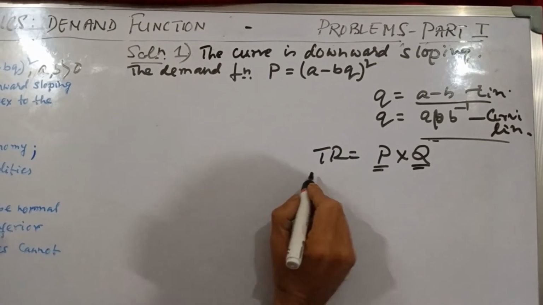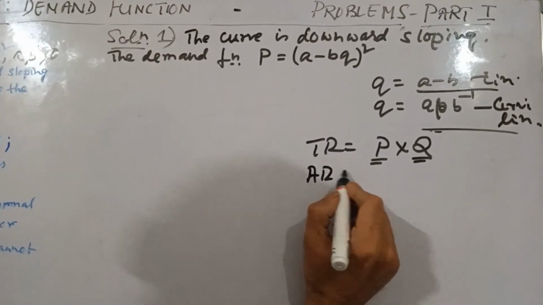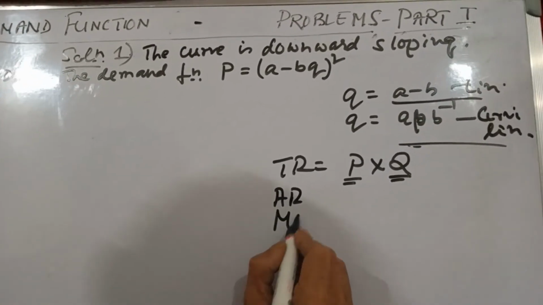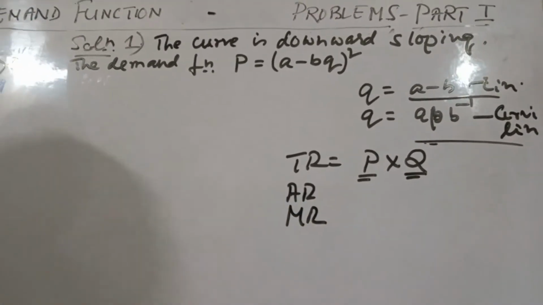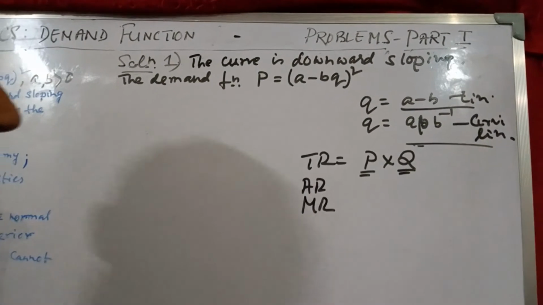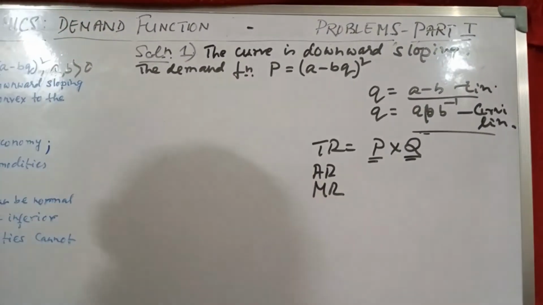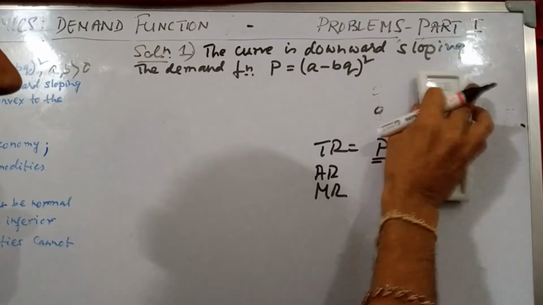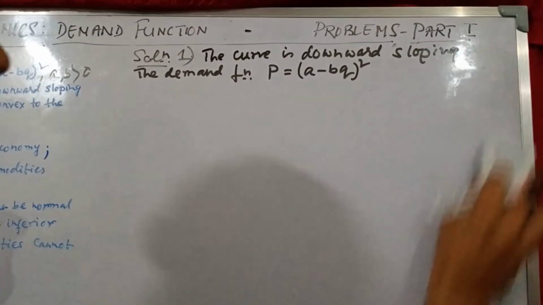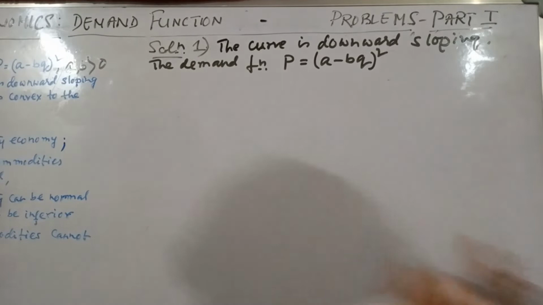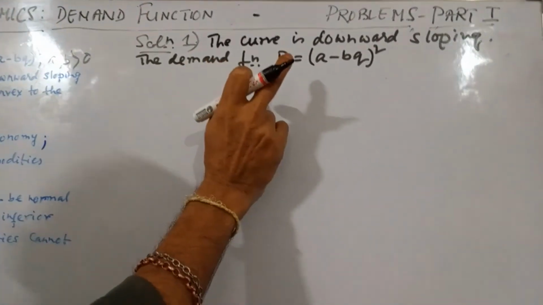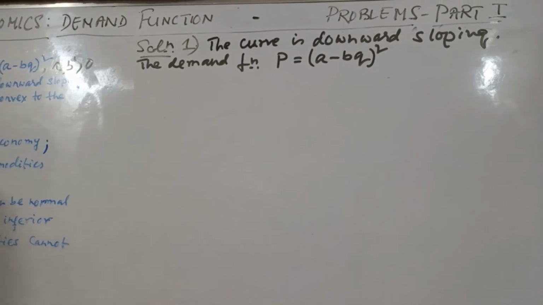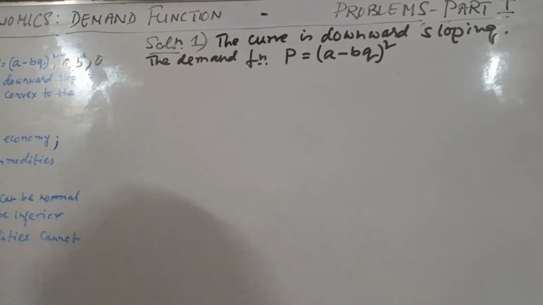From here we can find AR by dividing TR by number of units. We can calculate MR by differentiating TR, and so on and so forth. So the inverse demand function is used in solving these problems. But here we will use this inverse demand equation to show that the curve is downward sloping.